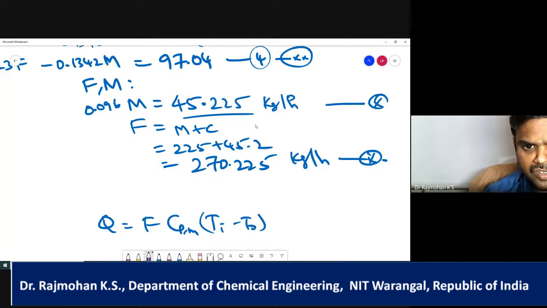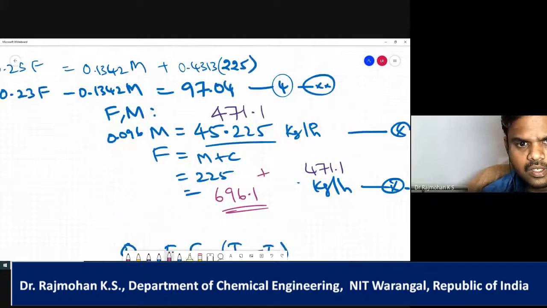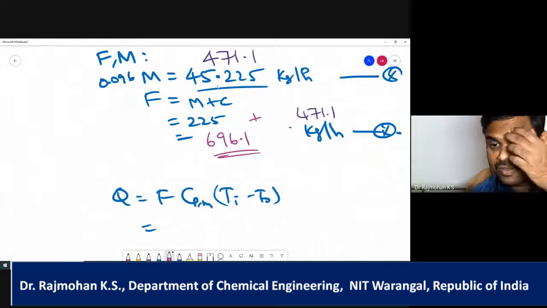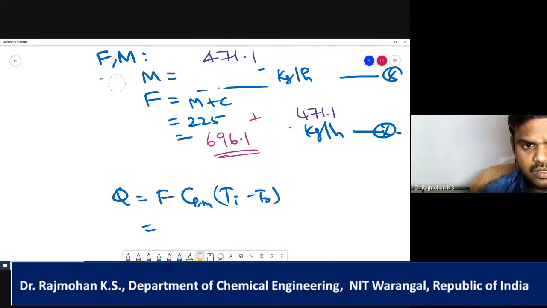I correct it. M value is equal to 471.1, and F value is equal to 696.1 kg per hour. I repeat, simplifying F and M, you will get M equal to 471.1 and F equal to this value.